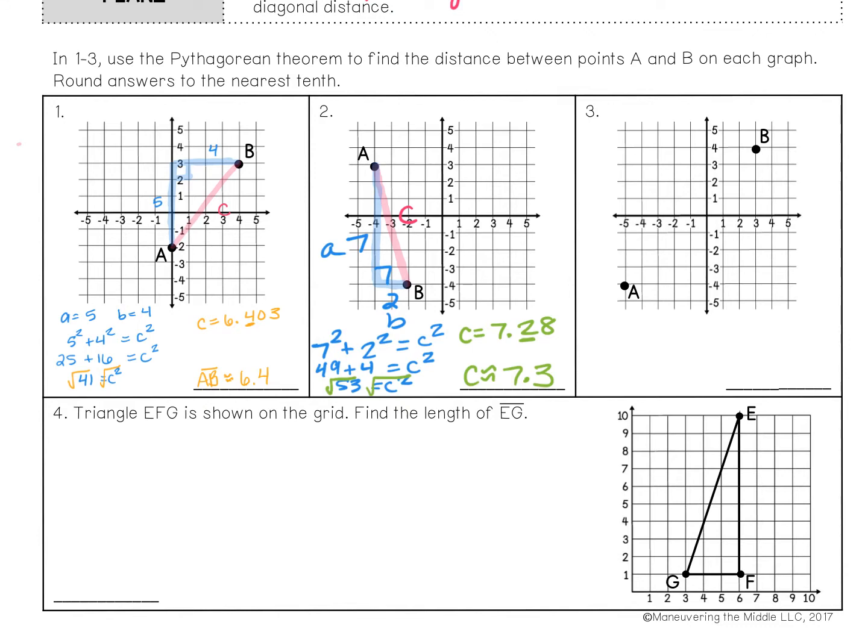Alright, so for number 3, we're going to follow that same process. Draw my hypotenuse, and then I'm going to use straight lines that follow the grid for my legs. So I've got 8 here and 8 here.